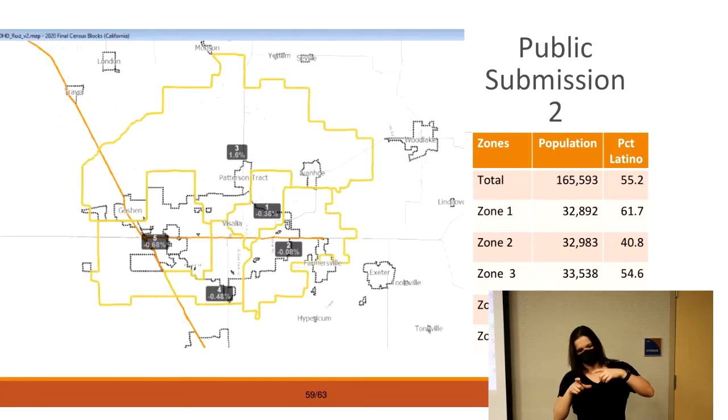So that led to not sleeping a few nights because there was a little crab leg there, and I was like, that can't be happening. So then that led to the creation of the second map, or the second public submission.